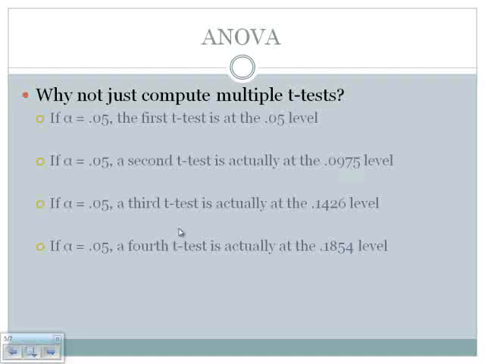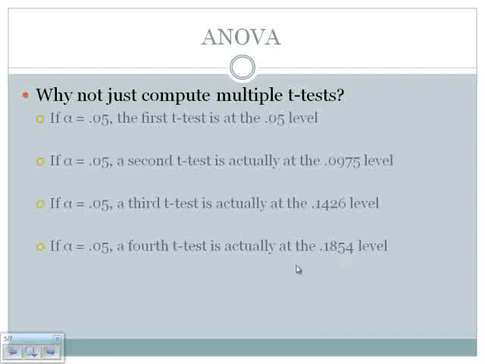And then again, if we're looking at the difference between group 1 and group 3, or the third test, look what happens to our alpha level. And then the fourth t-test, group 1 and group 4, and we still have 3 more tests to do. Look what happens to our alpha level. When we were doing that third test, about 14 times out of 100 the differences we observed could have happened by chance, and at the fourth test, just a little under 20% of the time the differences we observed could have happened by chance.